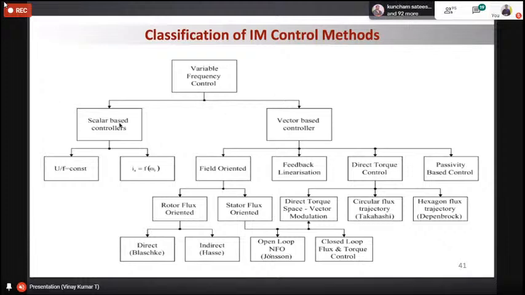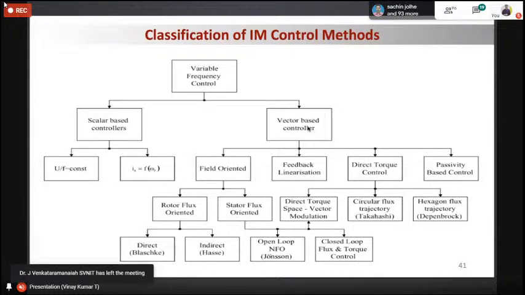In scalar control, we are going to control only the amplitude of the voltage, the amplitude of the currents, and the frequency. There is no option to control the position of the voltage and the position of the currents. We cannot control the position by using scalar control methods.